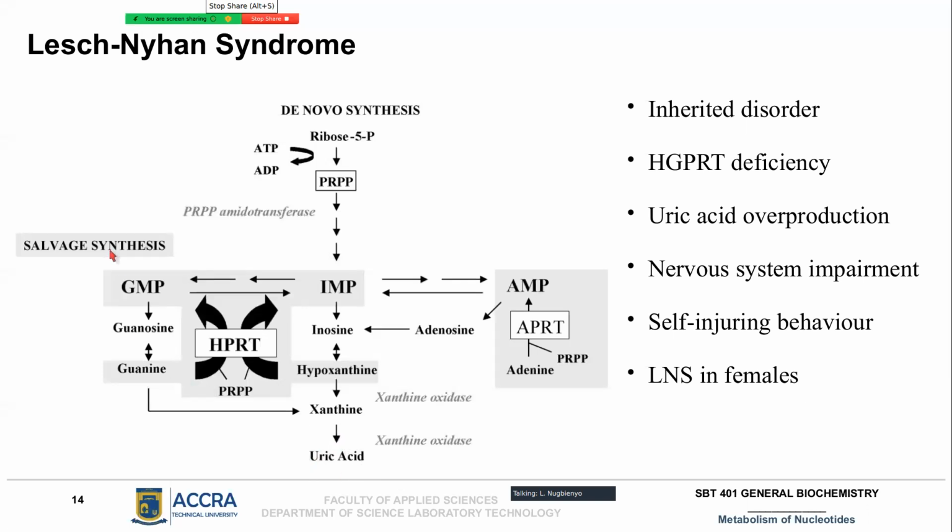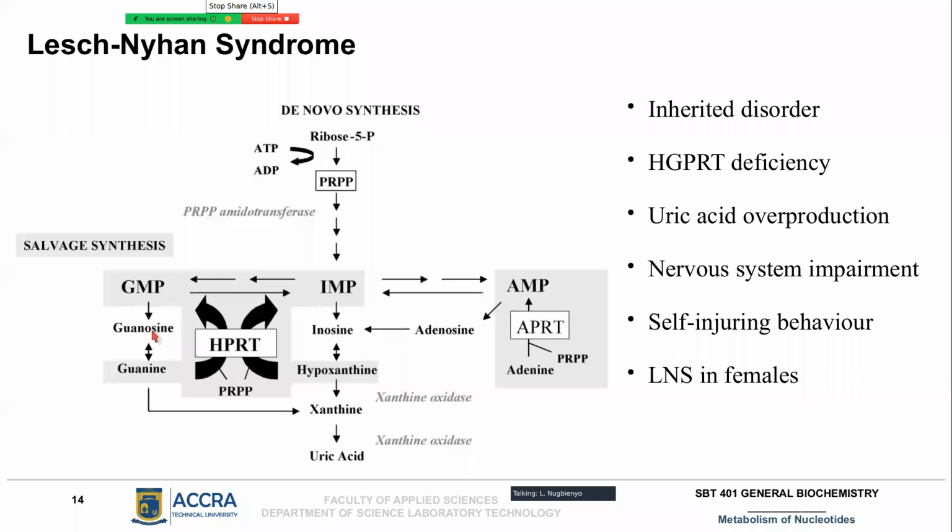Then the salvage pathway. We saw that it's just a recycling pathway where you already have some guanine in the system, which will just get converted to guanosine, because you just have an attachment to a sugar, and then a phosphate group is attached.